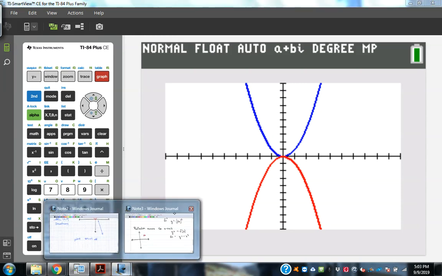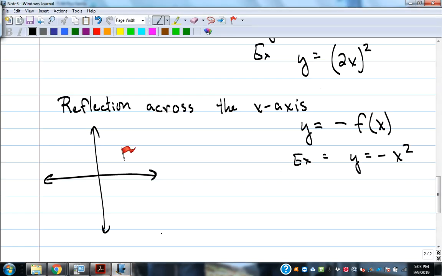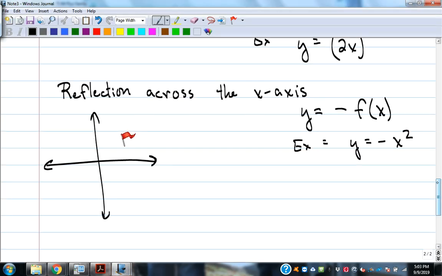Okay? So a reflection across the y-axis would take that same picture, and instead of flipping it down, would flip it where? You would start here, and crossing the y-axis means jumping across the y-axis. That goes over here. What changes about those? The x values change.